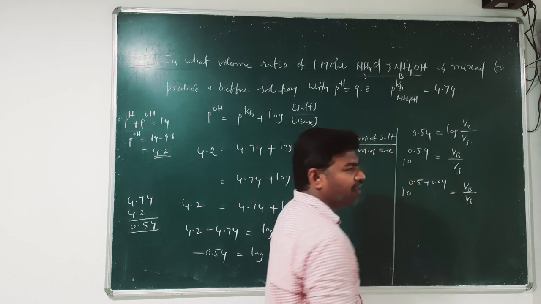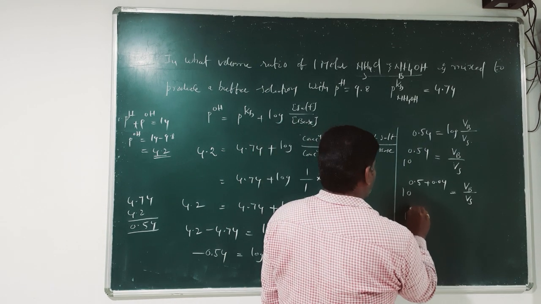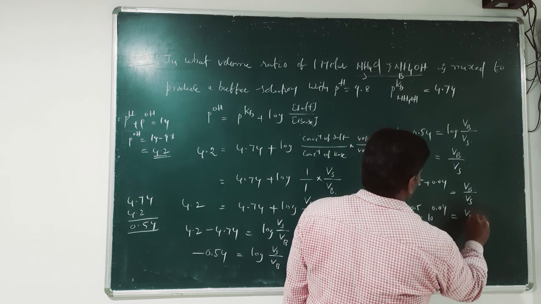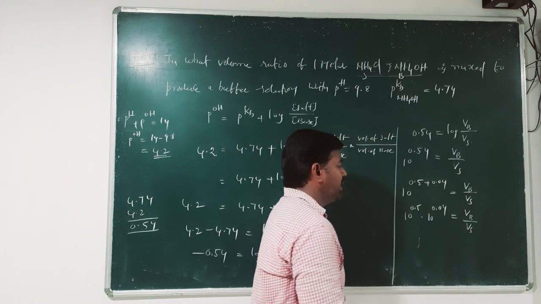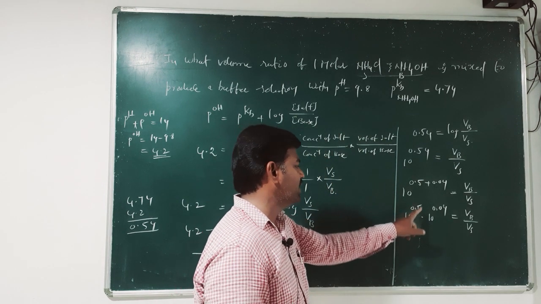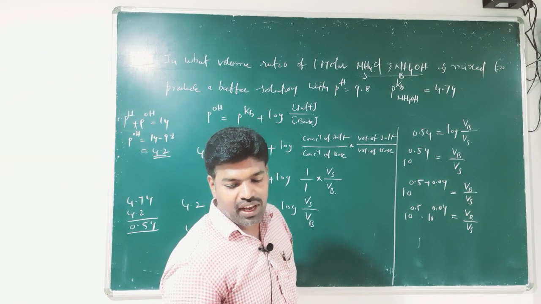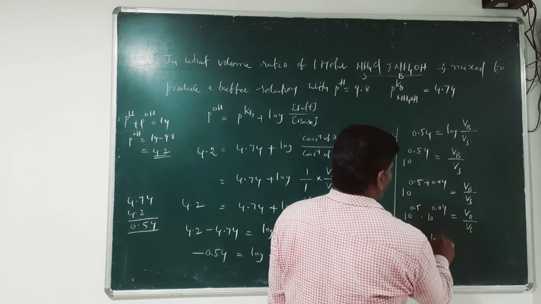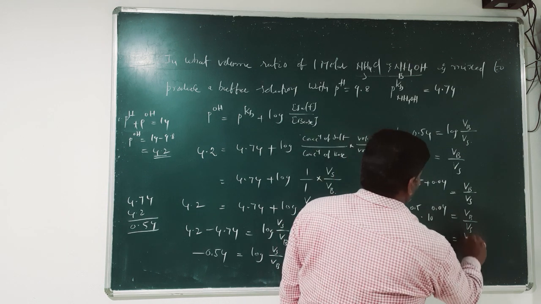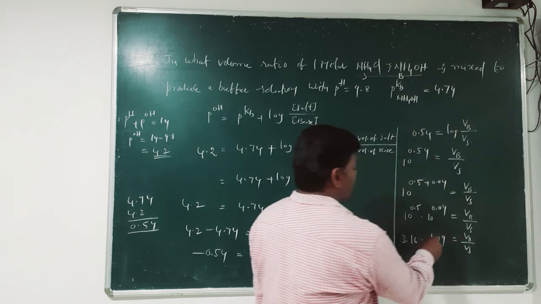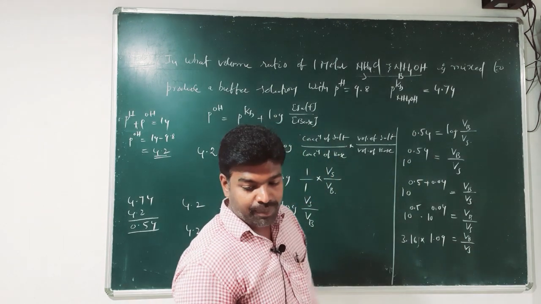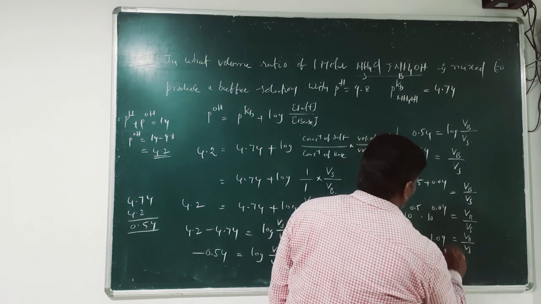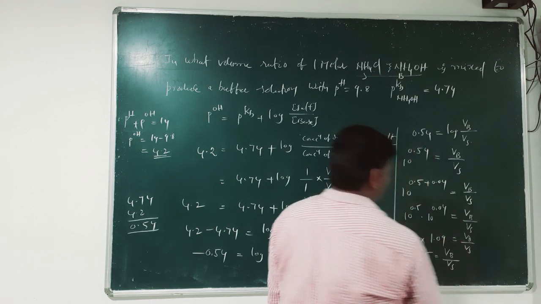So the anti-logarithm can be written as 10 power 0.5 into 10 power 0.04, which is equal to volume of base by volume of salt. The value of 10 power 0.5 is 3.16, and 10 power 0.04 is 1.09. Multiplication of these two values gives 3.5.